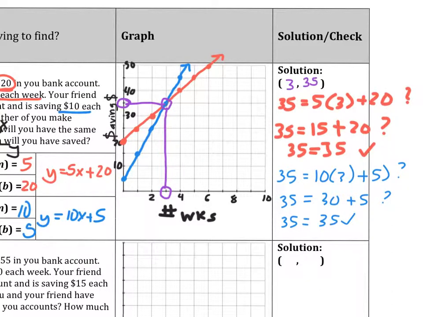At exactly 3 weeks after we started, we will both have 35. But notice that he will quickly surpass me. In fact, by the time we're done saving, a year later or something, he's going to have nearly double the amount of money I have. Slightly less than double, 15 less than double, but he's saving at a much faster rate than I am.